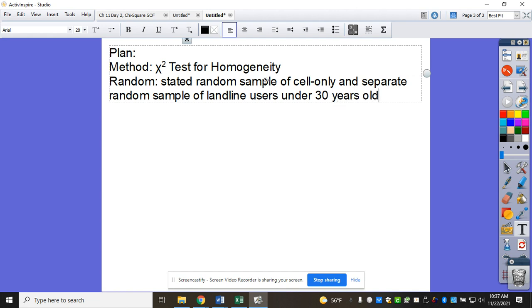The problem didn't say that, but I was just trying to make a point here. So it stated that it was a random sample of both from the cell only and the landline users that are under 30 years old, which means what?